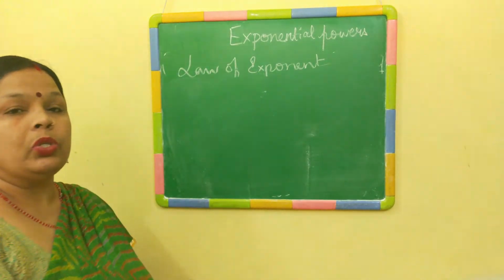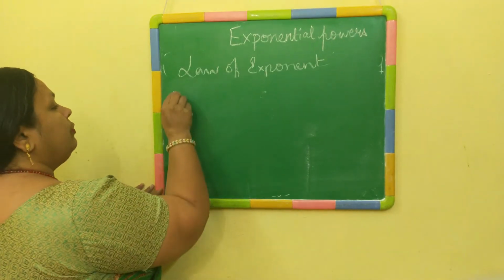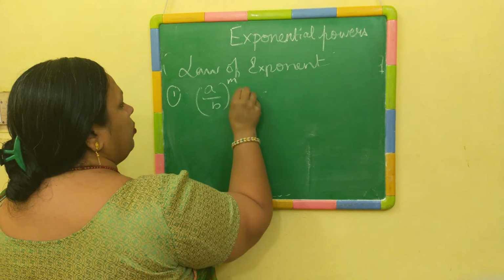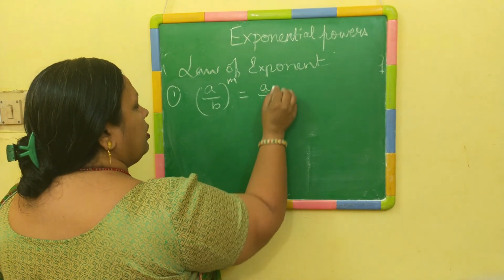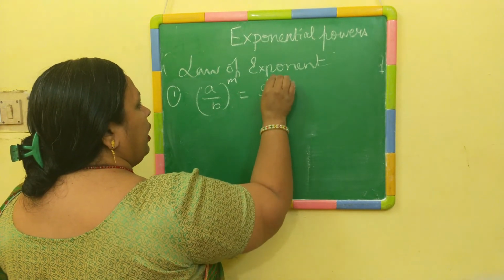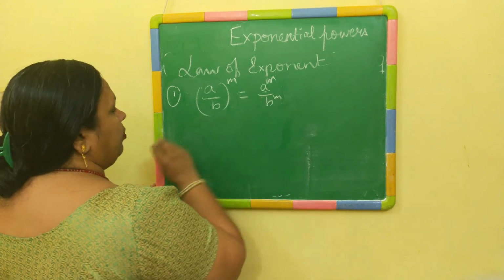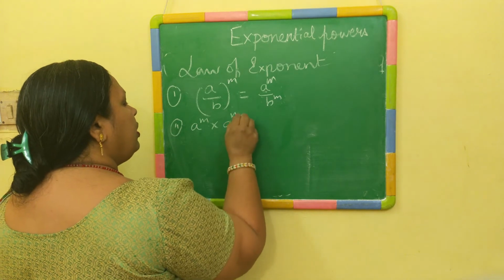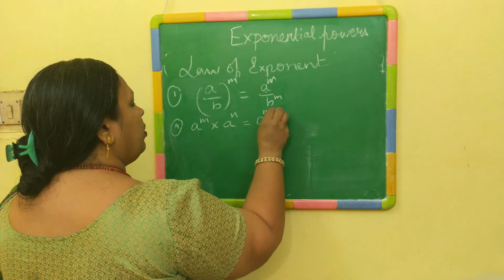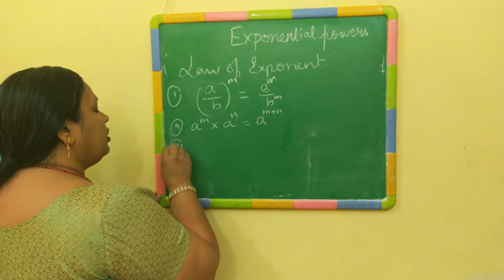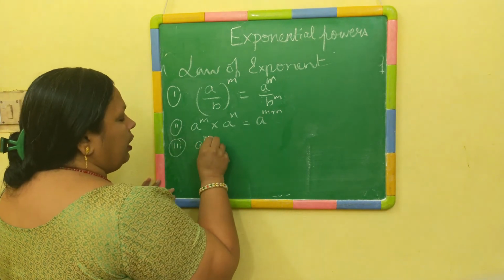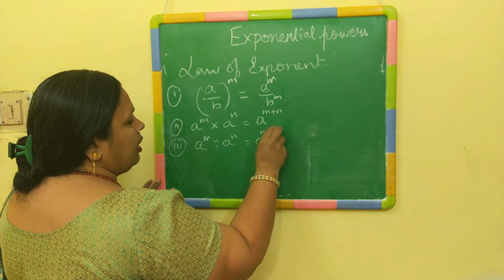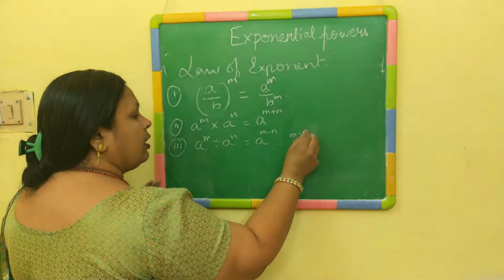All the 6 laws of power and exponent. The first law says a by b power m is a power m by b power m. Second law says a power m into a power n is equal to a power m plus n. Third law says a power m divided by a power n is equal to a power m minus n if m is greater than n.